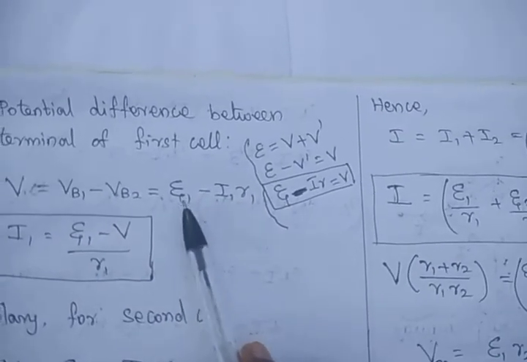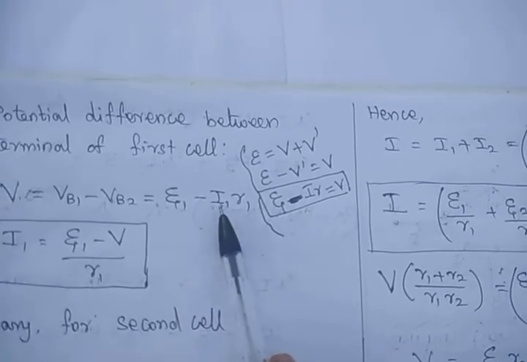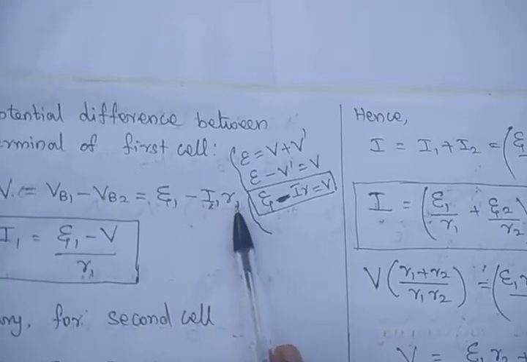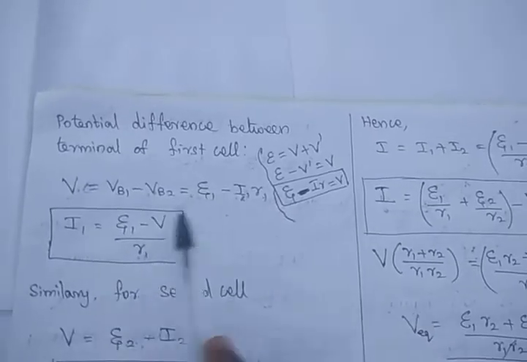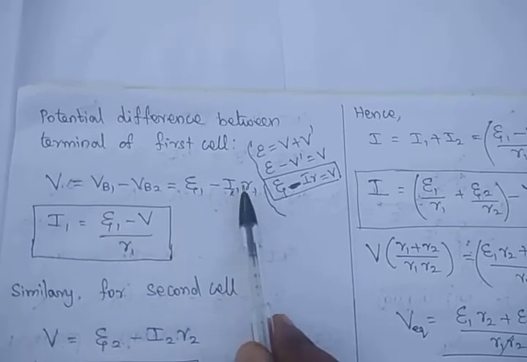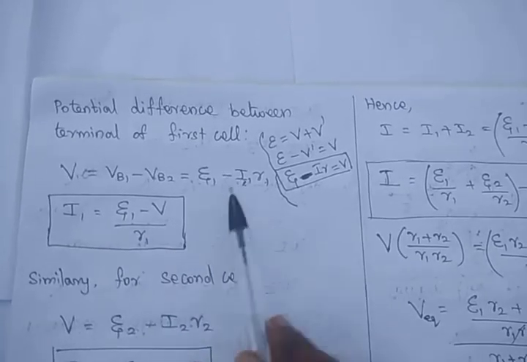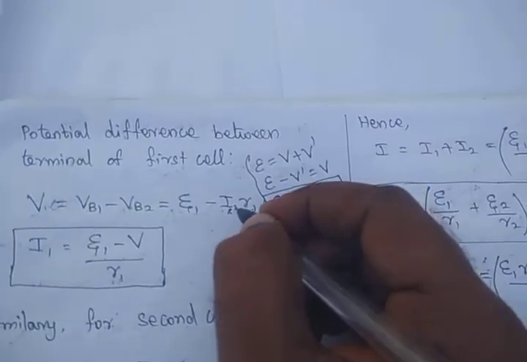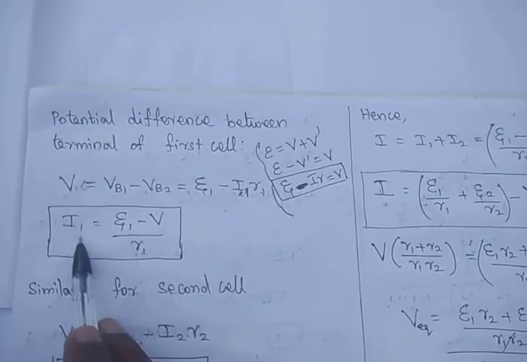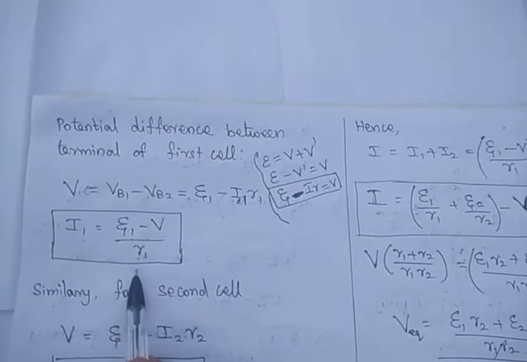The EMF of the first cell is E1, the current passing through the first cell is I1, and the internal resistance is R1. So bringing this term to this side, I1 is equal to E1 minus V by R1.